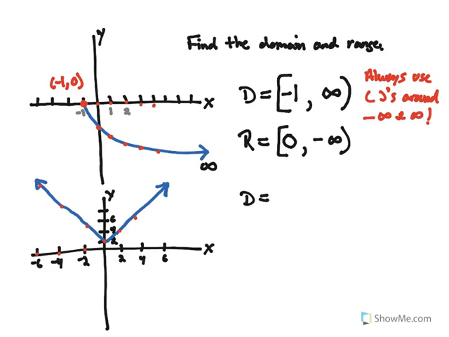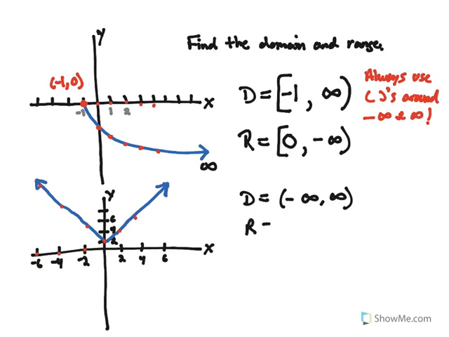So when that happens, you're going to say the domain is negative infinity to positive infinity. Again, we always use parentheses around infinities. So that means we could substitute an unlimited amount of x values, and I'm going to get a corresponding y value for each one of those x values we substitute in.